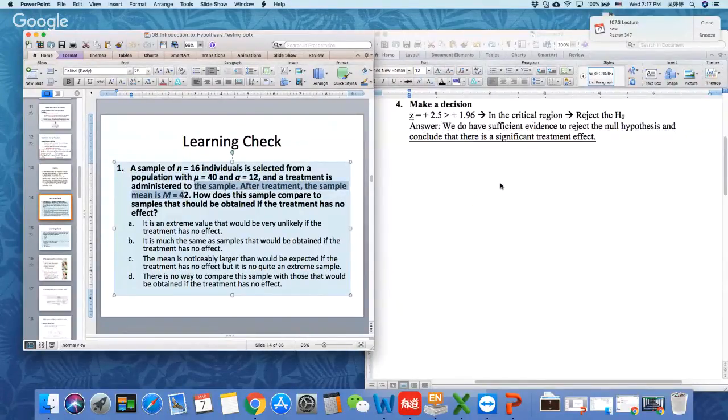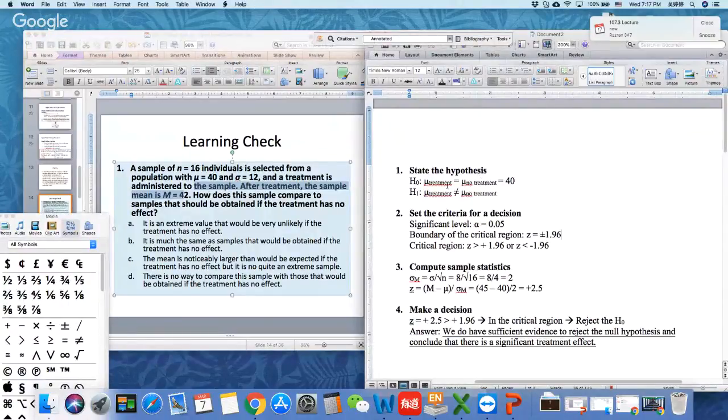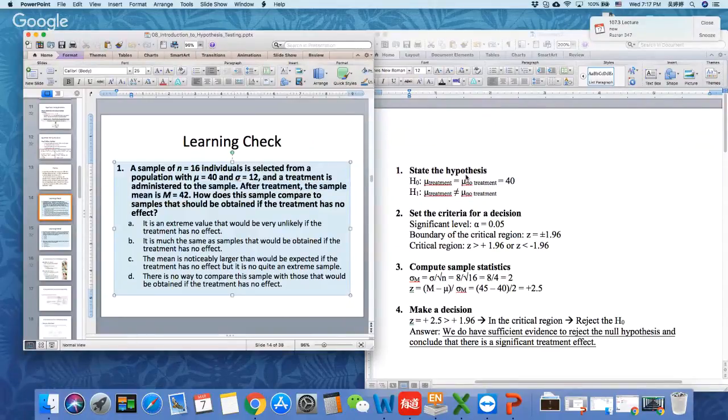So we follow the same strategy, right? The null hypothesis means the treatment does not have an effect, which means that the mu after treatment equals the mu before treatment, which equals 40. And then we use the same significance level, for example, alpha equals 0.05, which is the most liberal significance level. We cannot usually use any significance level more liberal than this one.